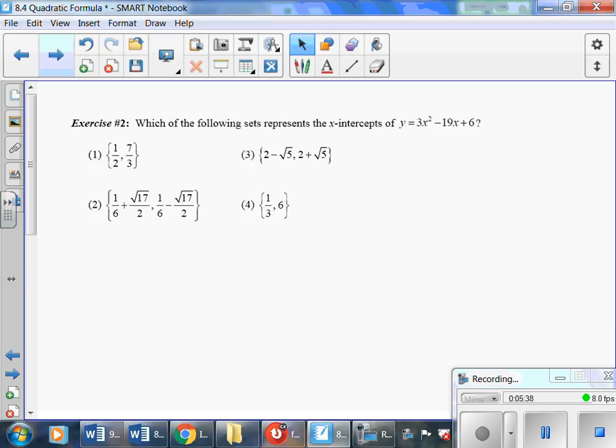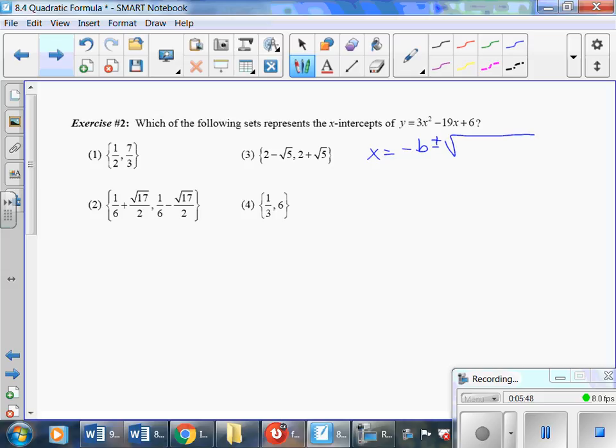But I think how they really want us to do this is using the quadratic formula. So once again, I'm going to say x is equal to negative b plus and minus the square root of b squared minus 4ac all over 2a, and I get that off my reference sheet.